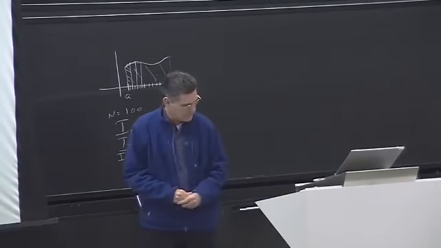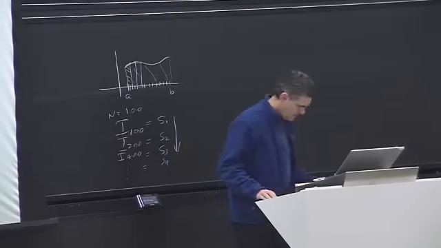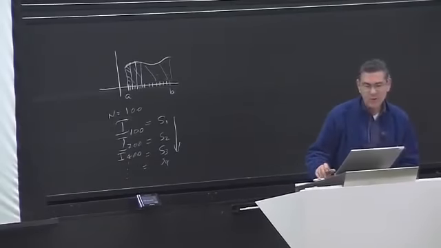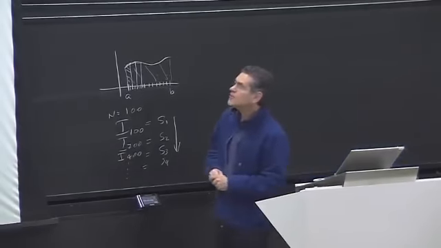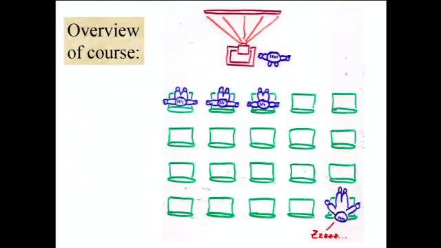Now, let me summarize. Here is an overview of the course so far. What I've told you is relatively elementary stuff, because what I've told you is how to sum a series if it converges.